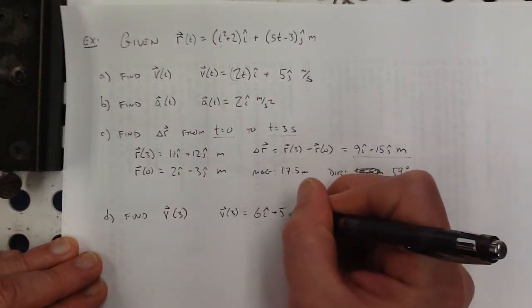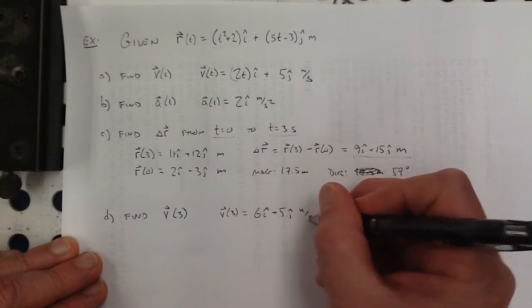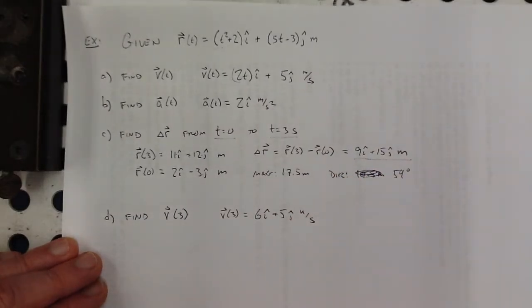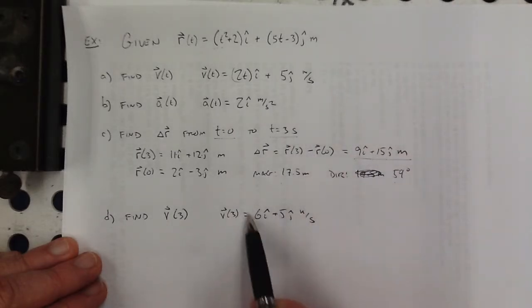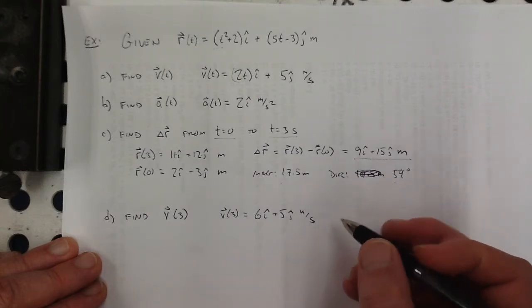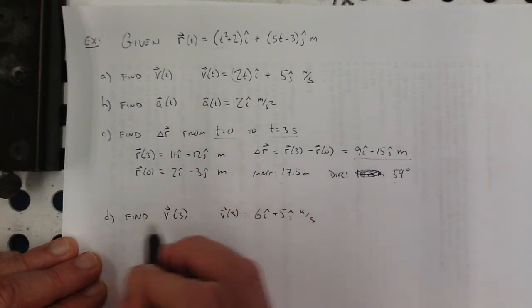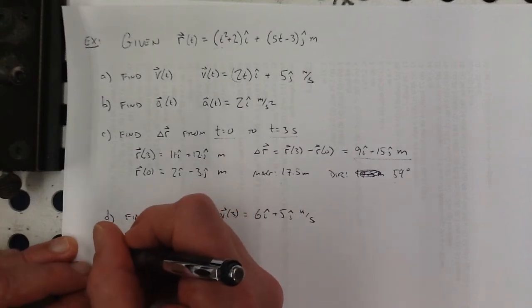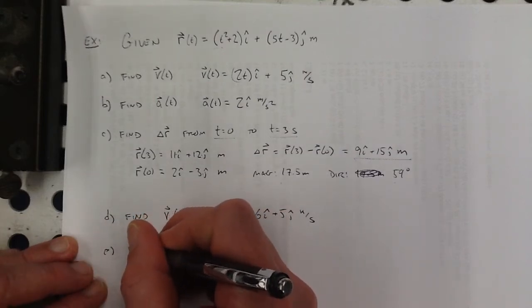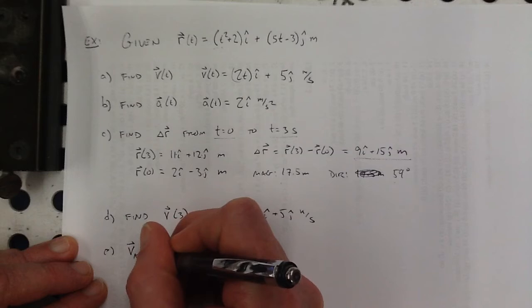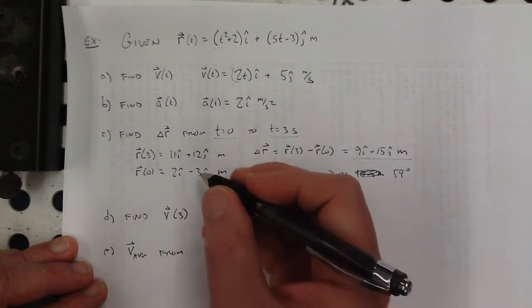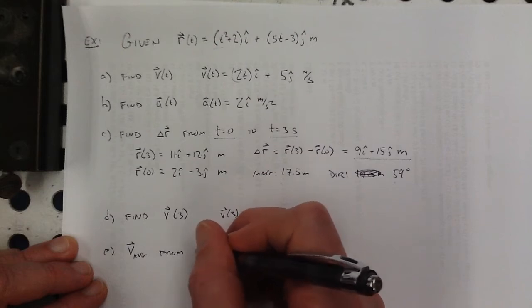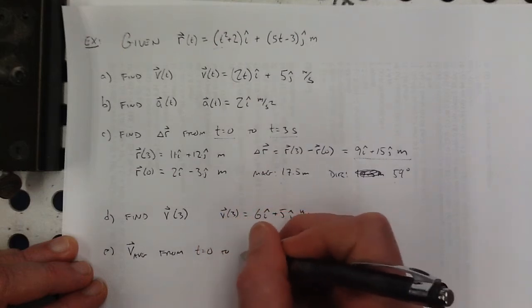It's just 6i plus 5j meters per second. And if you wanted to find the magnitude and direction, you could do that easily here. How about if we wanted to compare that to the average velocity from time 0 to time 3.